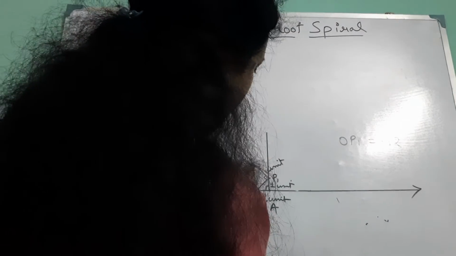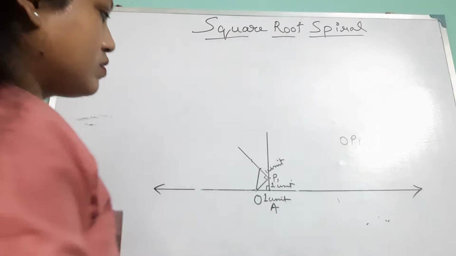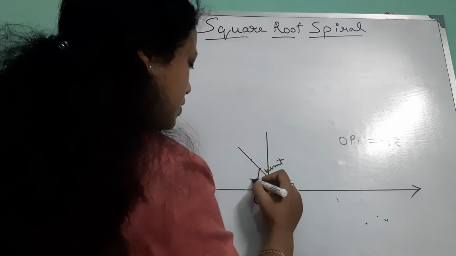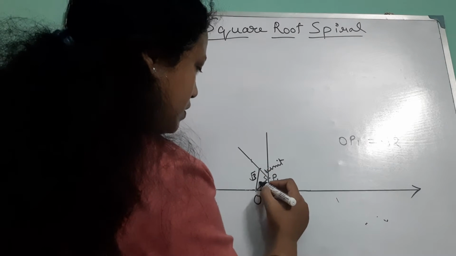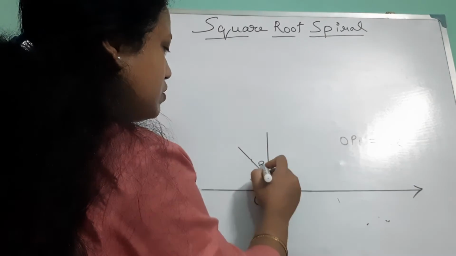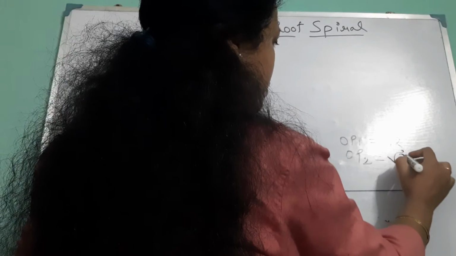Here 1 unit, this one also 1 unit, and this one will be root 3, and this one was root 2, that is OP1 root 2. This is P2, so OP2 is equal to root 3.